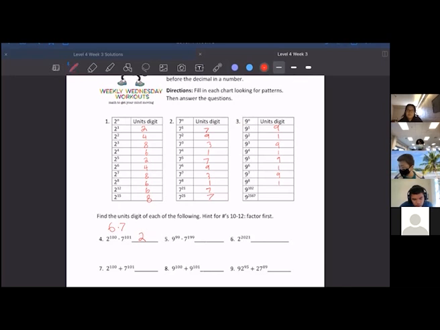The pattern here is that it repeats every 2 exponents. A really easy way of telling what it's going to be is by looking at whether the exponent is even or odd. All the odd exponents have a units digit of 9, and all the even exponents have a units digit of 1. So since 102 is even, you can guess that it's 1.